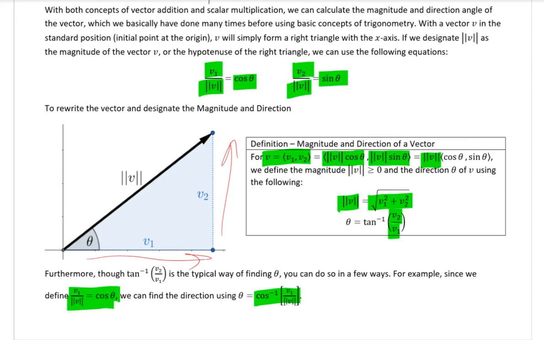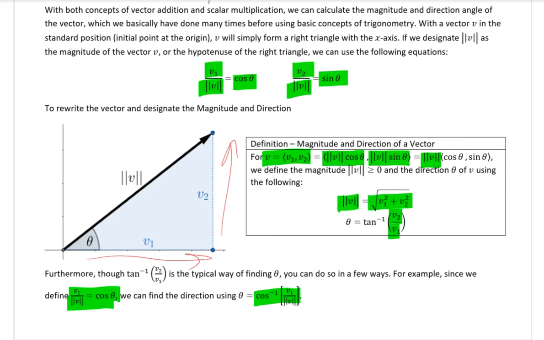The only thing you're going to have to keep in mind with finding the direction is that when you take the inverse functions, so tan inverse, cosine inverse, sine inverse, they're all restricted in terms of their range, the range of values that they will produce. So you do need to keep in mind the components themselves and what quadrant you should be in. For example, tan inverse will only ever give you angle measures that fall within quadrant 1 and quadrant 4.